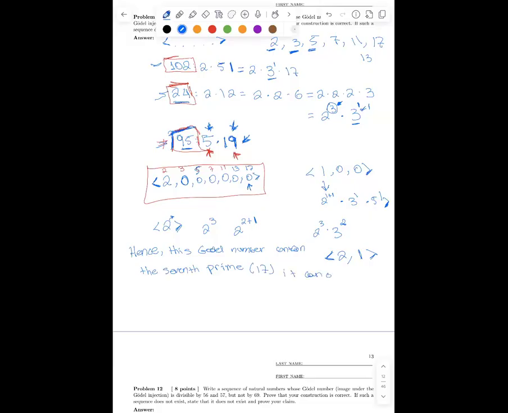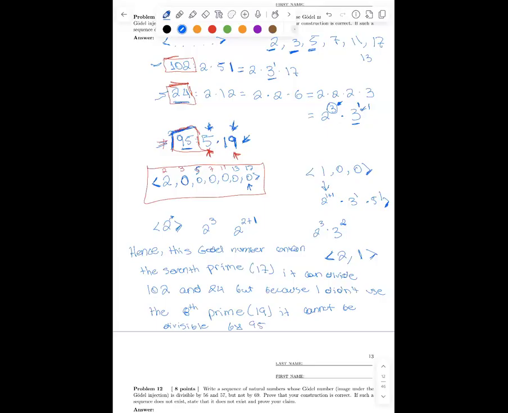It can divide 102 and 24, but because I didn't use the 8th prime, which is my number 19, it cannot be divisible by 95.